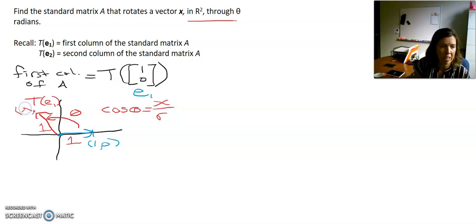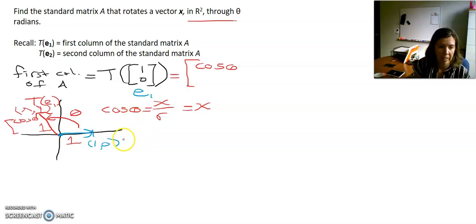So this point right here is x, y. R is the distance out from the origin, which in this case is 1. So cosine of theta is equal to just x over 1, so just x. That means the x-coordinate for our transformed vector is x equals cosine of theta. So T of E1, the x-coordinate, is cosine theta.